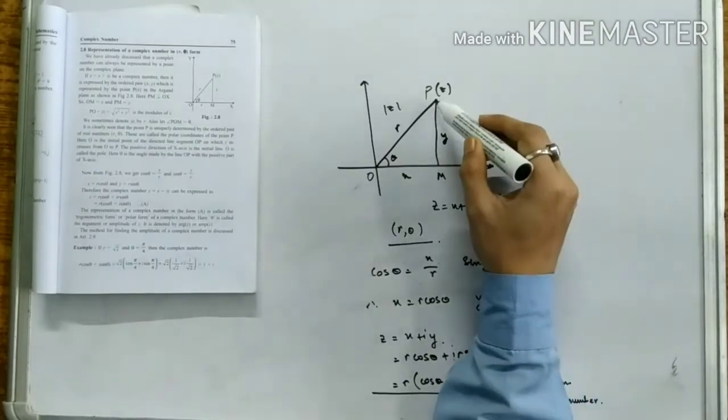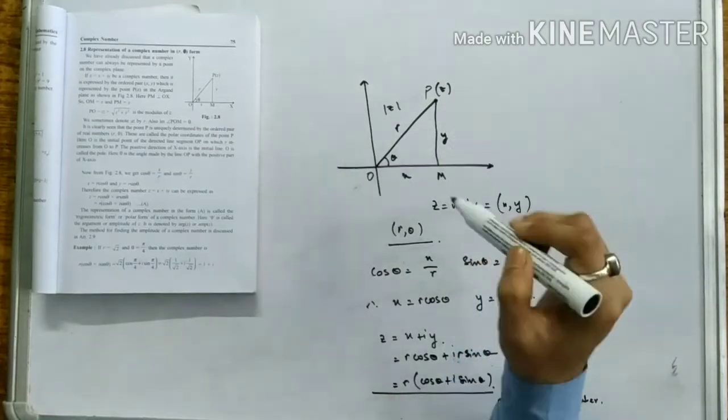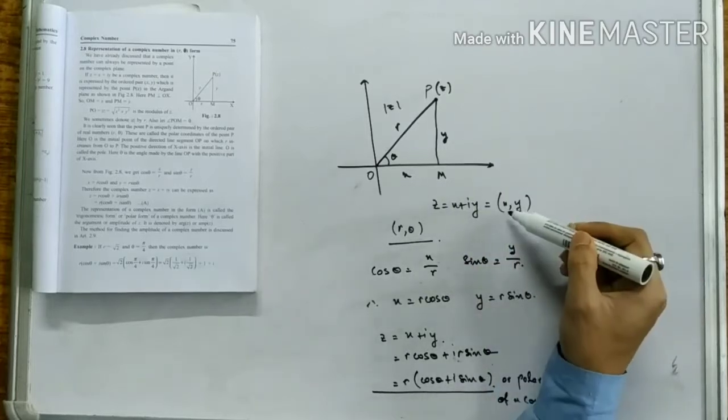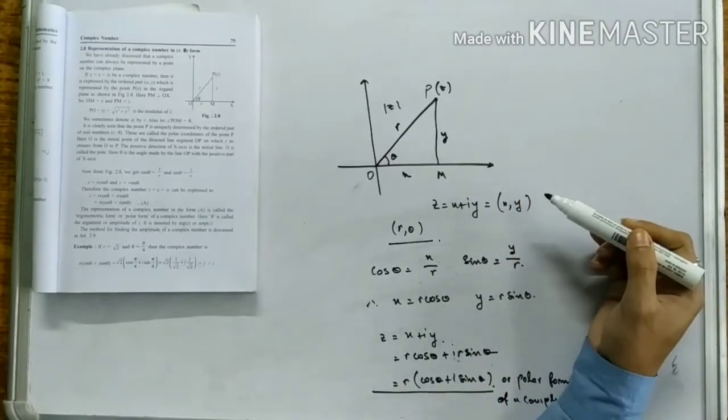So if you want to locate this point P(z), you can use its x coordinate and y coordinate.